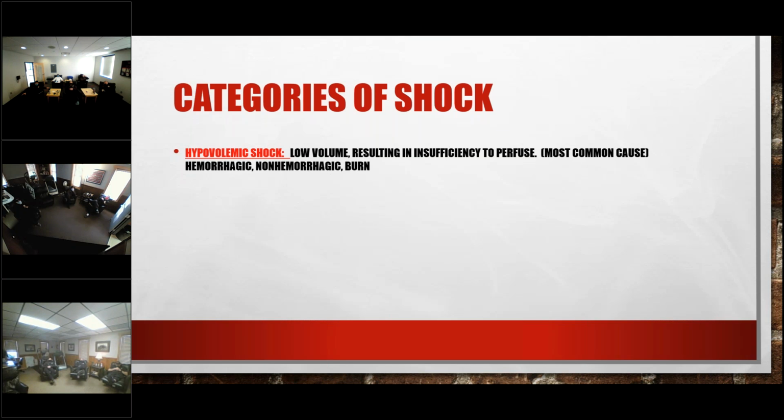This could either be from whole blood content and/or plasma content. Whole blood content, such as internally or externally bleeding. Plasma content, somebody's severely dehydrated, they're ill, vomiting, diarrhea, not eating properly. We can deplete so much fluid in the tank to the point that they actually go into hypovolemic shock. Another one, burn.